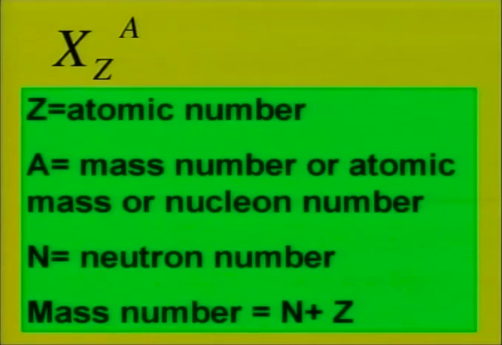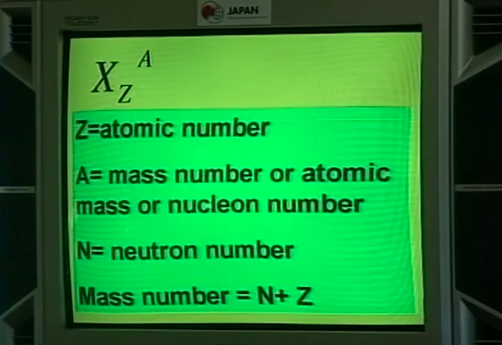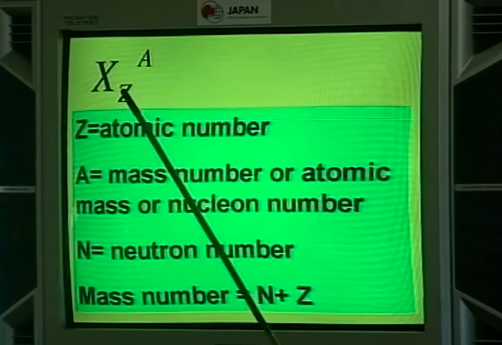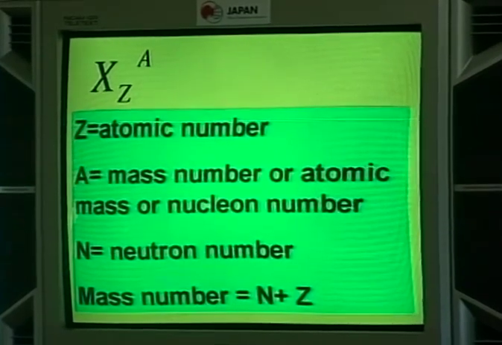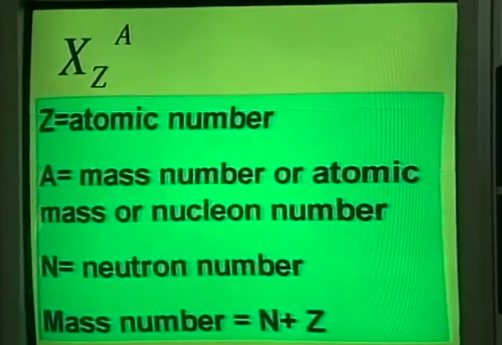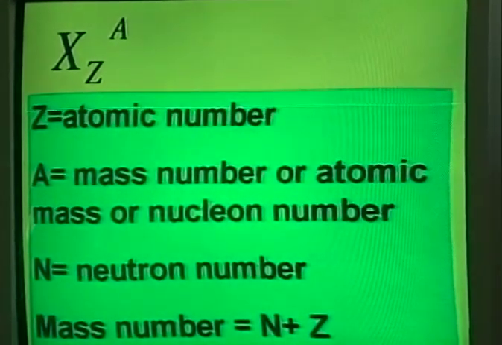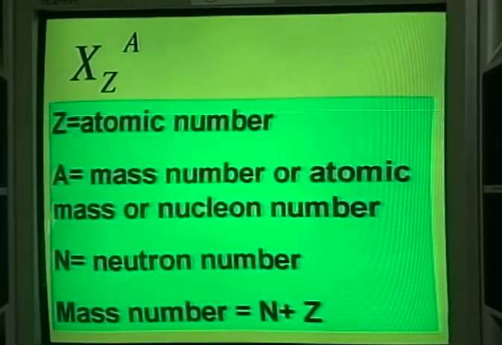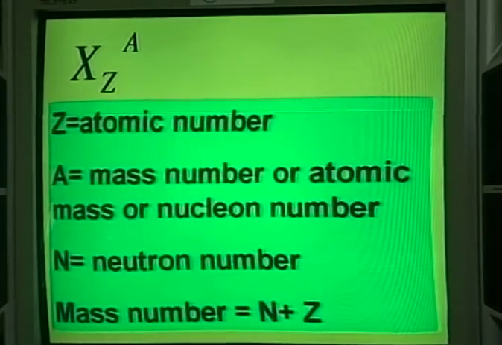Also, this atomic number is an identifying quantity of an element. Without that Z number, you cannot recognize an element, and it is almost unique for each of the elements.